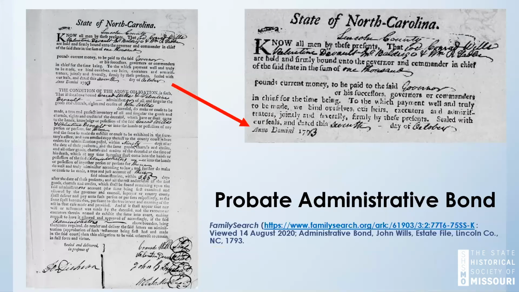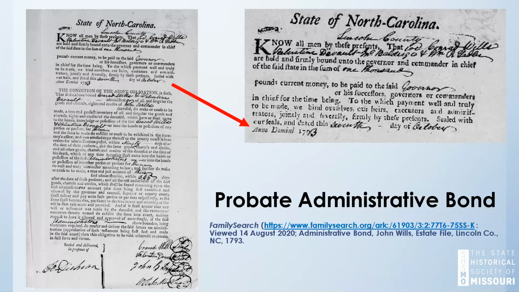Here's a probate administrative bond dated the 7th of October, 1793. So John Wills, I believe this was, died probably shortly before the 7th of October, 1793, because letters of administration on his estate were let out to these gentlemen shortly thereafter.